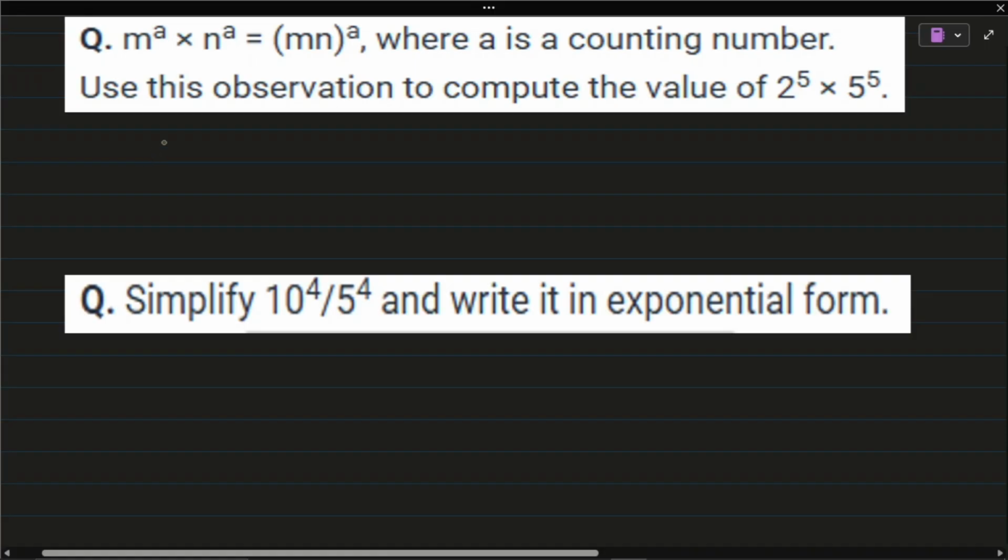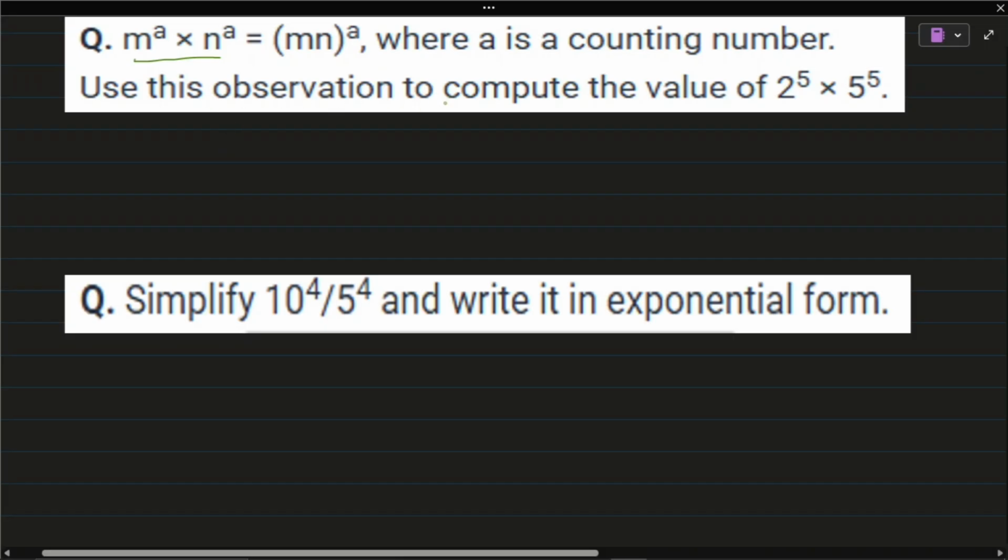The question is m raised to a multiplied with n raised to a, that is equal to mn whole raised to a. Here you can see the power is the same and it is given separately, so we can write it as a common power, m into n whole raised to a, because in both cases the power is the same.